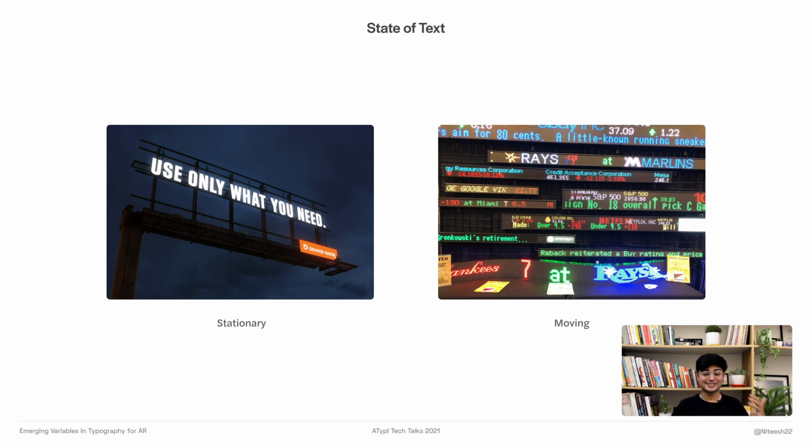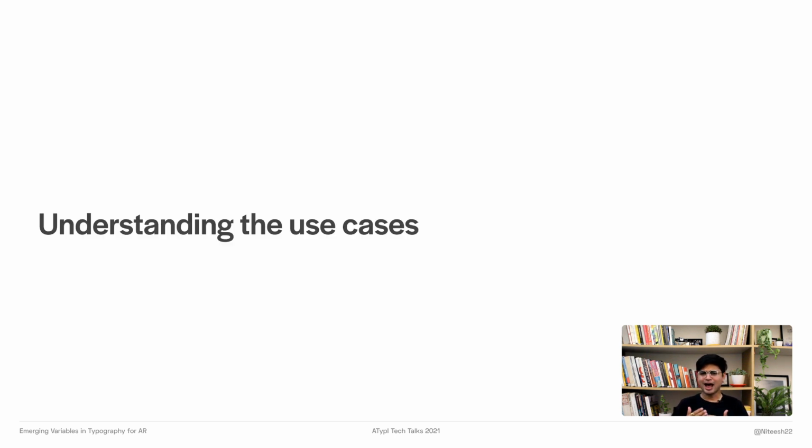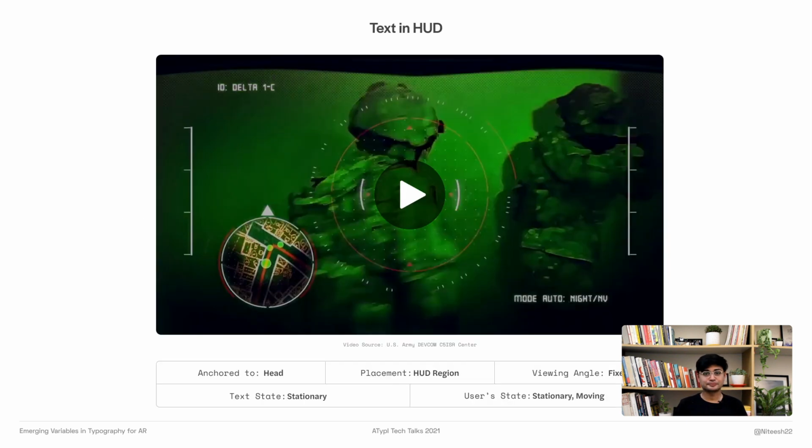The user can be stationary, sitting in his or her living room, or walking down the road wearing AR glasses and getting navigation information. By now, I think you would have a good idea about the various variables that might affect the reading experience. So let's jump into the use cases and see all the aspects that we have discussed in action.